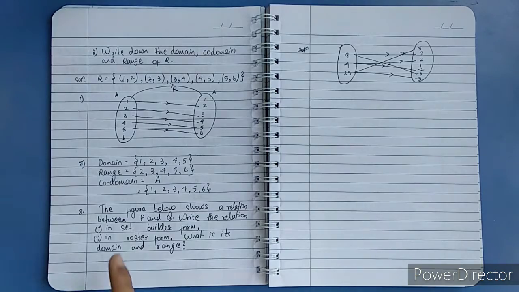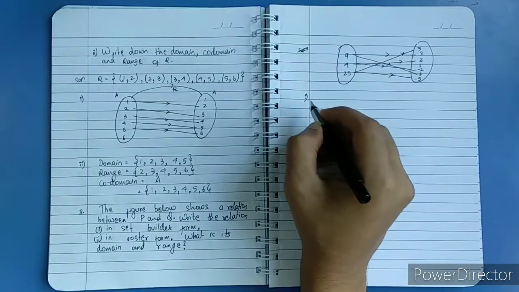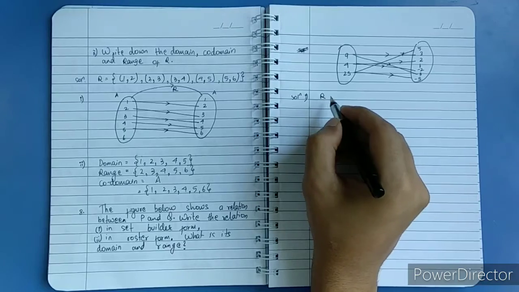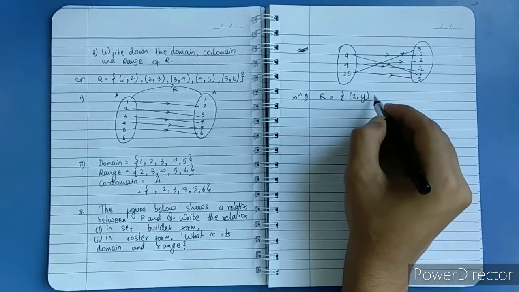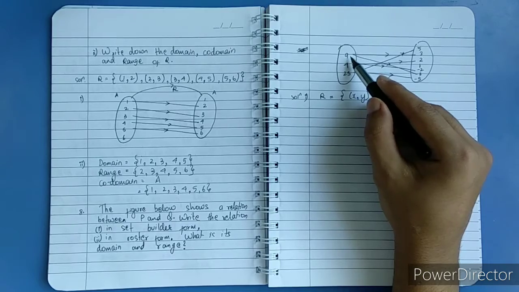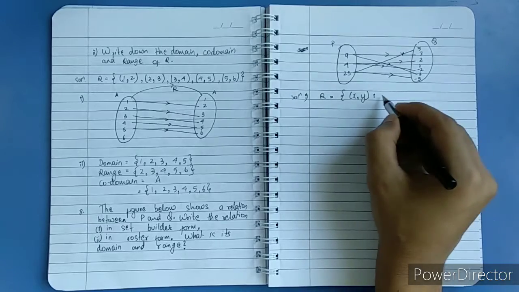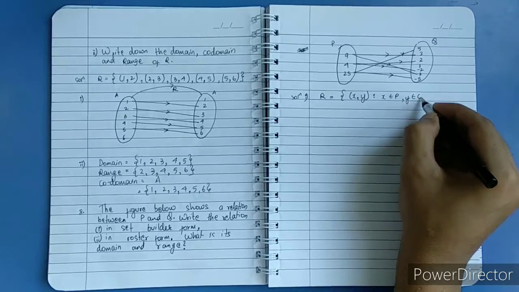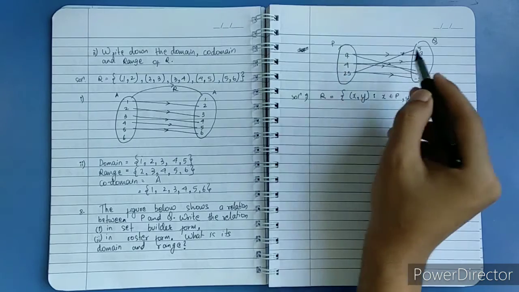So first part, what we need to do is write the relation in set builder form. In set builder form, we'll write relation R equals (x, y) such that, as we can see here, x comes from this set P. This is our set P, this is our Q, such that x belongs to P, y belongs to Q, and we see that this x is the square of y.